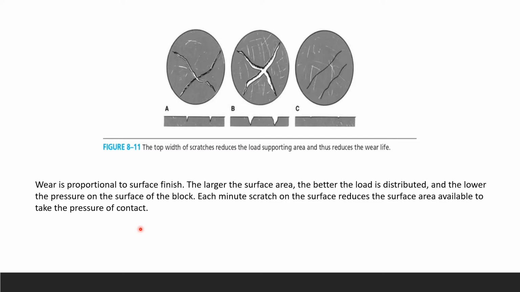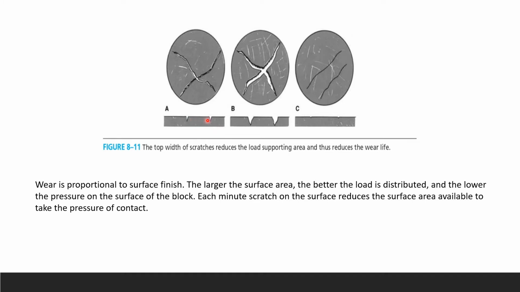Wear is actually proportional to the surface finish. So the larger the surface area, the better the load is distributed, and the lower the pressure on the surface of the block. So each minute scratch, okay, here you can see the scratch on the surface, reduces the surface area. Look at this, see, you can see the scratch right there.